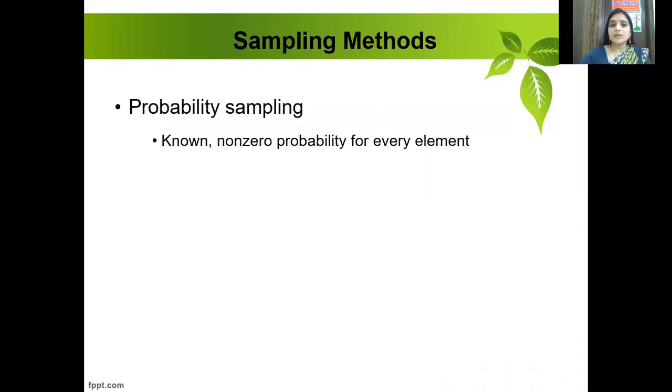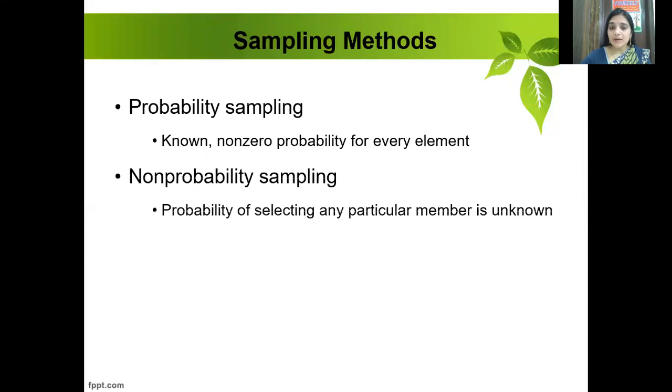So let us start with the major sampling methods. We have two major sampling methods. One is probability sampling and another one is non-probability sampling. Probability, as the name suggests, means there is a known non-zero probability for every element. Each and every element in the population has an equal probability to be selected.